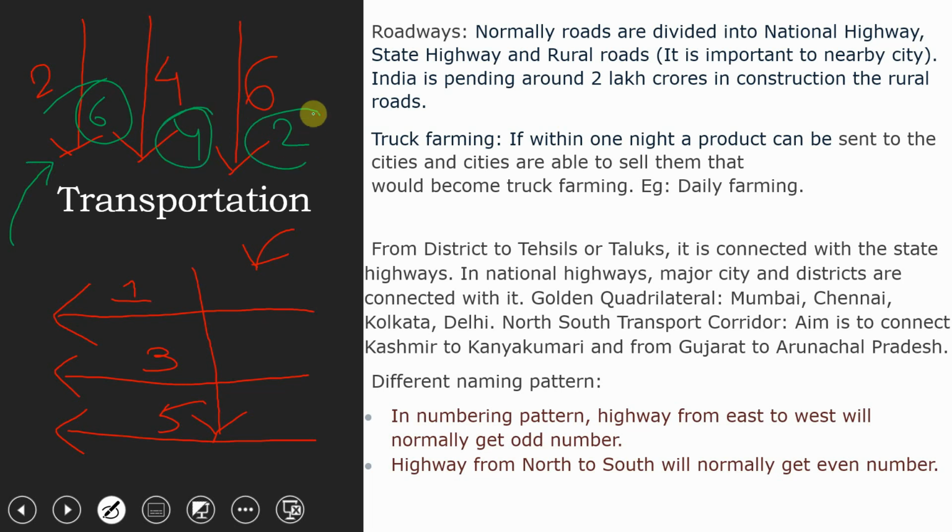Basically my point is, if you are drawing highways from north to south, your numbering will be in the east to west direction. If you have highways from east to west, the numbering will be in the north to south direction. This is the concept.